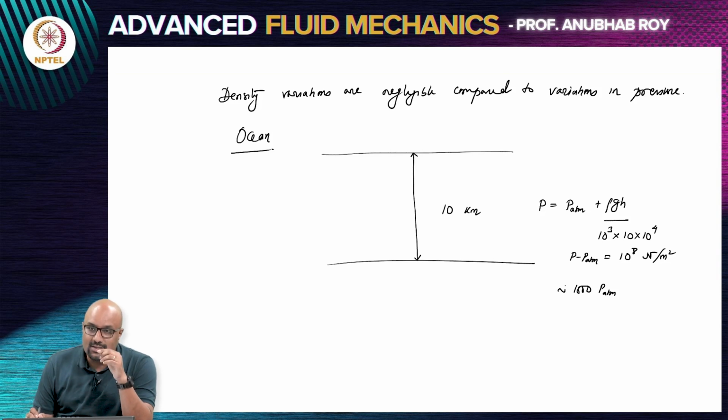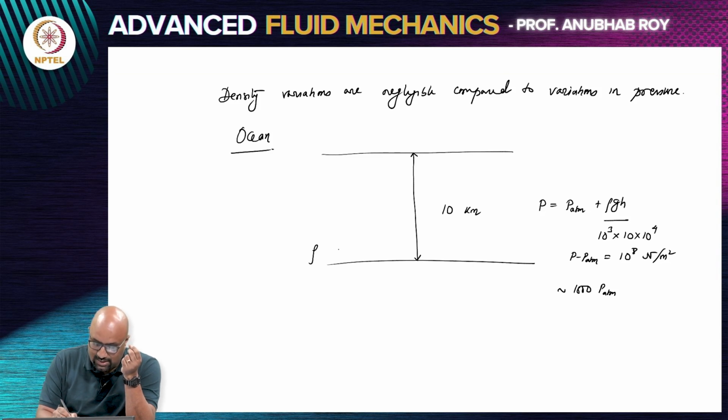If you were to design vehicles which can access the deepest part of the ocean, you really need to spend a lot of effort in the material design, something that can withstand such high values of pressure. But if you measure the density at the deepest part of the ocean, it only has an increase which is around 5% higher than the surface.